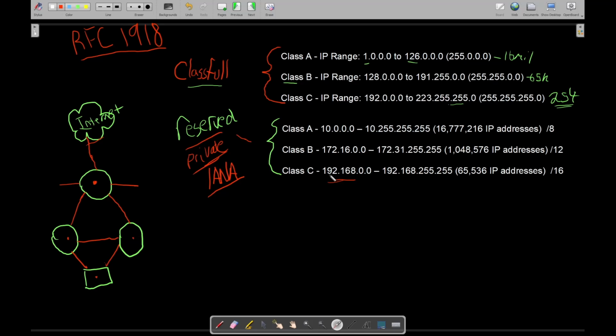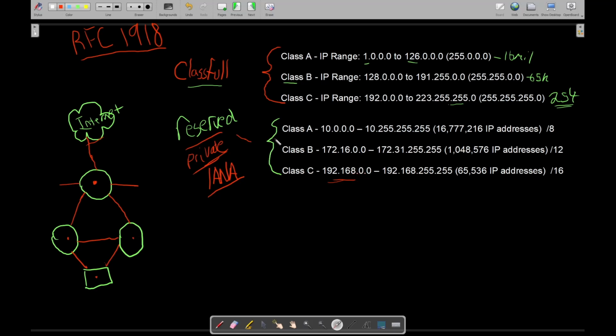Well, they gave us the whole number, so 192.168. They gave us all of these addresses behind that. So no one can use 192.168 anything but private, except for on private networks.